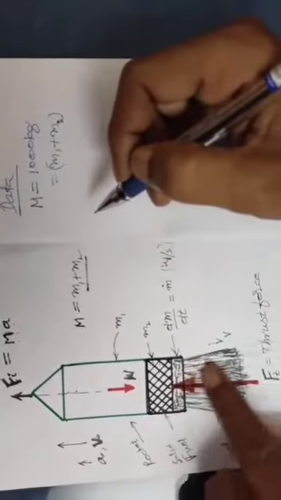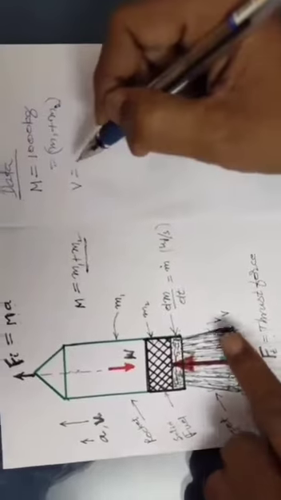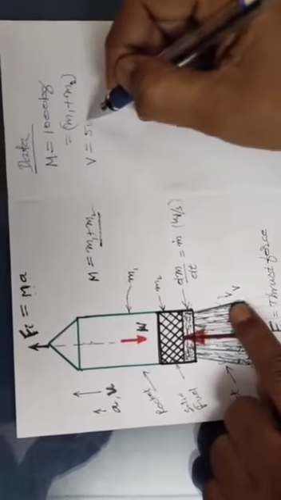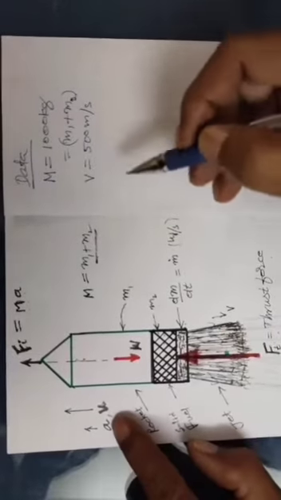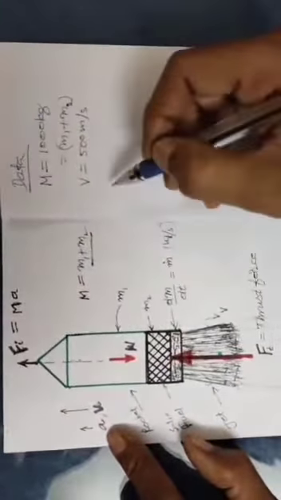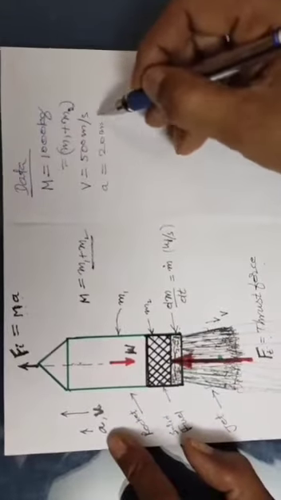The gas is expelled with a certain velocity called v, the jet velocity, that is 500 meters per second. Then the acceleration of the total rocket moving upward is given as 20 meters per second square.